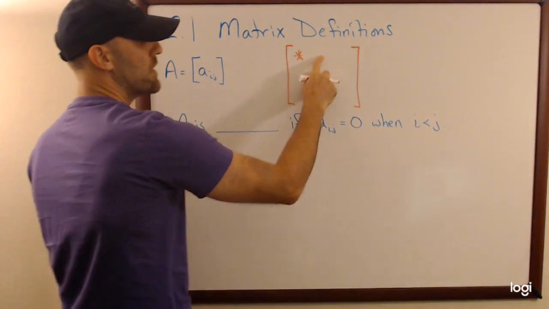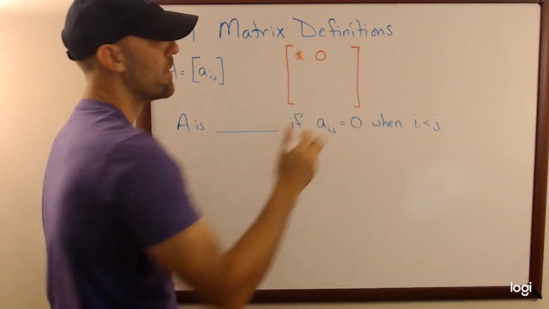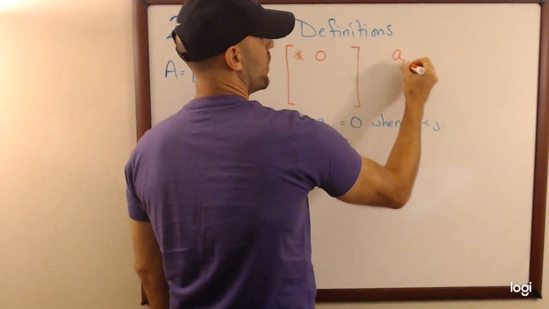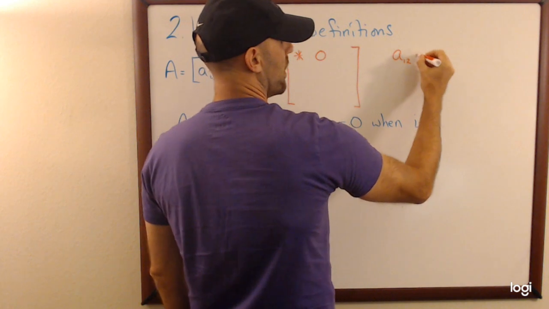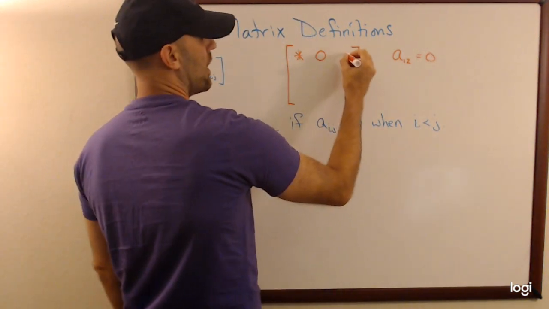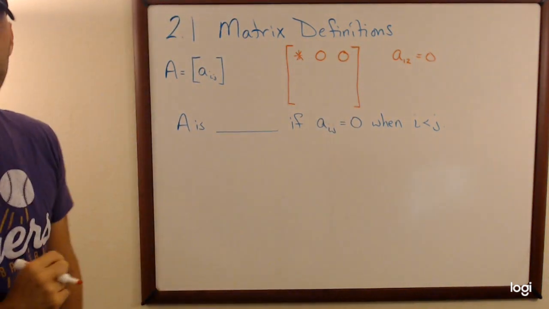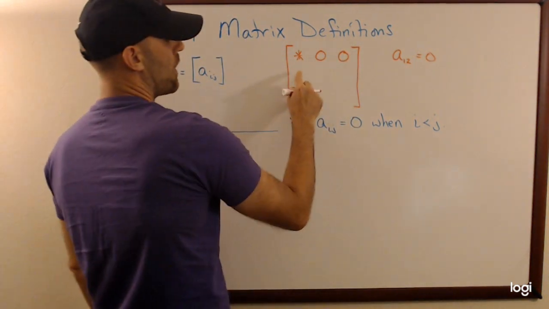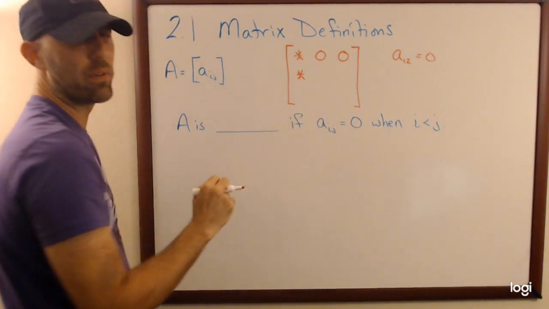But how about this one? This is the 1, 2 entry. That's got to be a 0, because for A1,2, since 1 is less than 2, the row is less than the column, that one has to be 0 by this definition. This is A1,3, and it's got to be 0 for the same reason. This one is A2,1, but I don't know anything about that one.